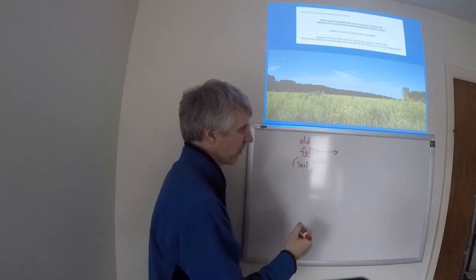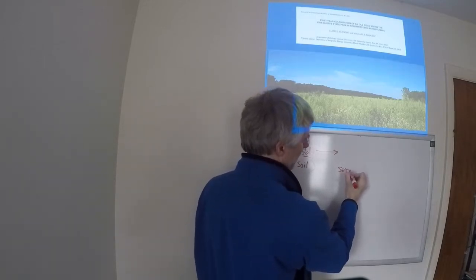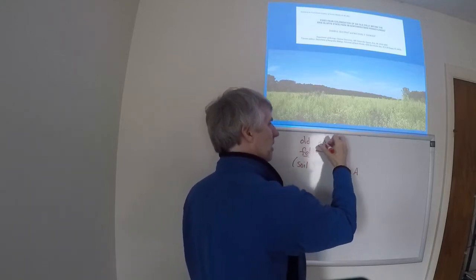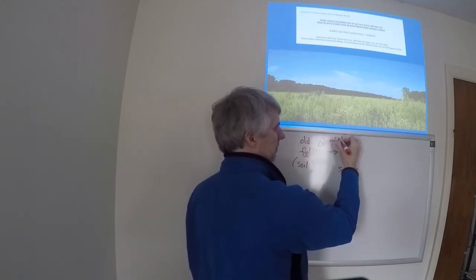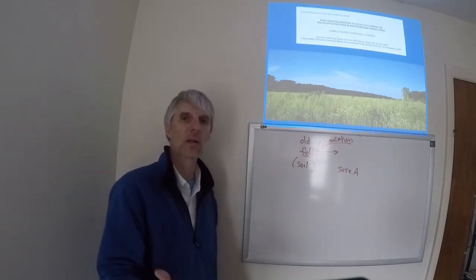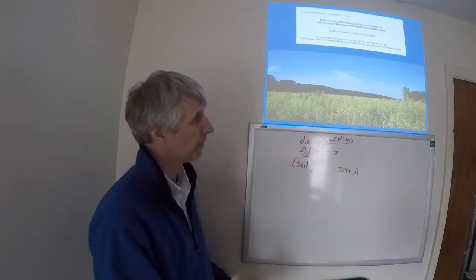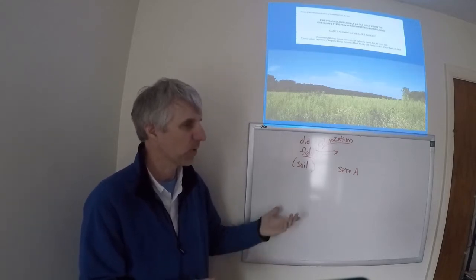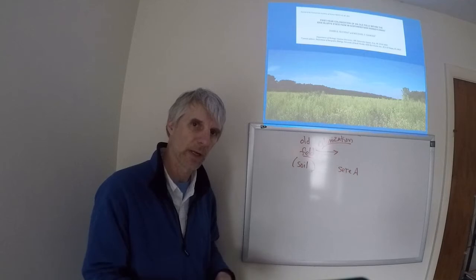Now, to move to our first seer, this would be seer A, what we need is a bunch of colonization. Right? We need a bunch of species to colonize this old field. Now, in reality, these seeds could have been there for 10 or 20 years. They just get plowed under every year.